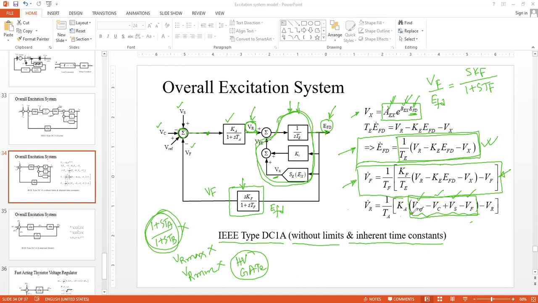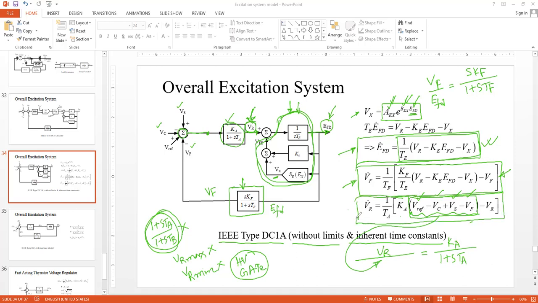With that, this is the input to this block, and this is the output of the block. So you can simply write VR divided by whatever we have, VREF minus VC plus VS minus VF, equals KA over 1 plus STA. And then again, if you simplify this, you should get this.